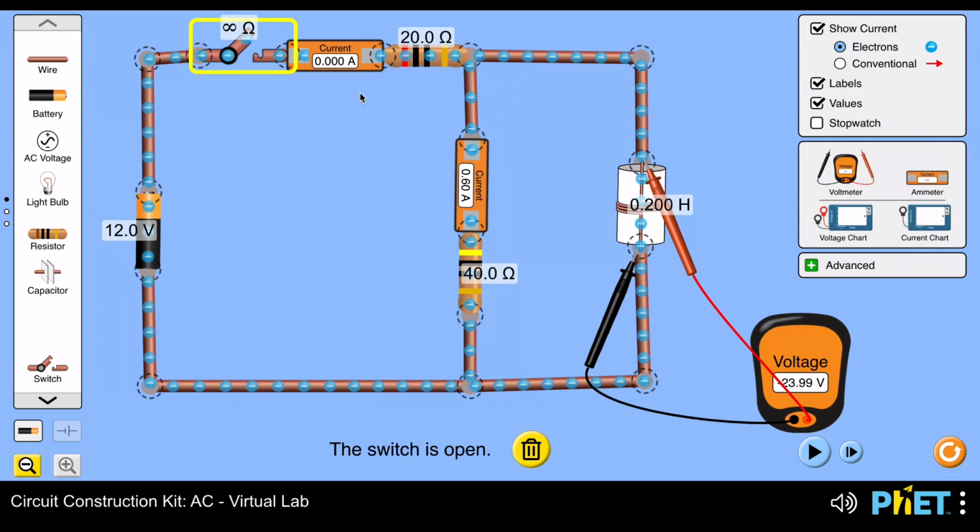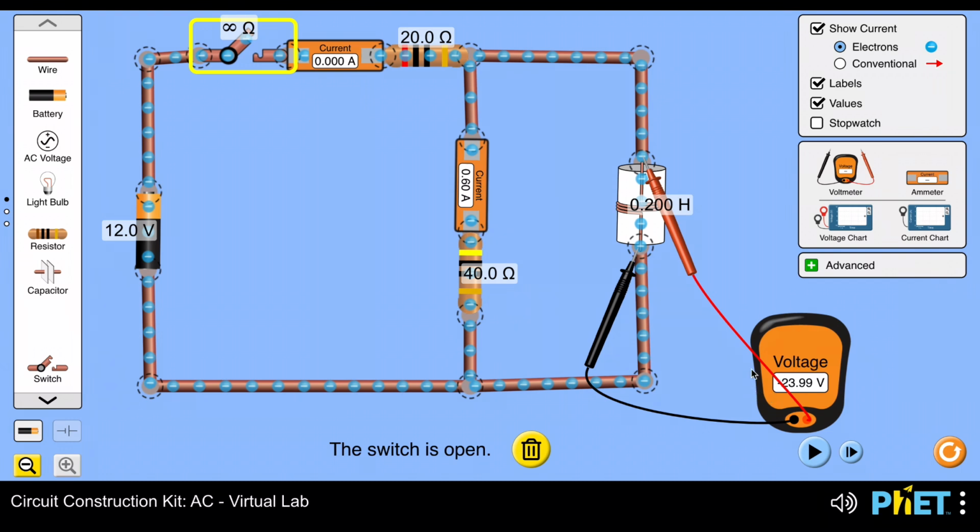There you go. There will be no current through R1 because the circuit is now open, because the switch is open. So current will just be flowing through the resistor and our inductor. And as you can see, the current that flows through resistor 2 is actually 0.6 amperes, which is equal to what was flowing earlier in R1.